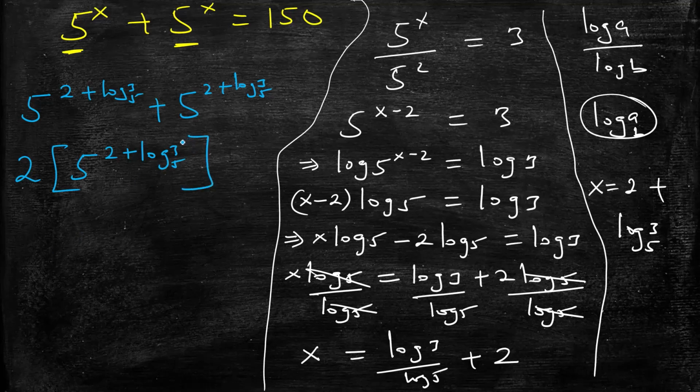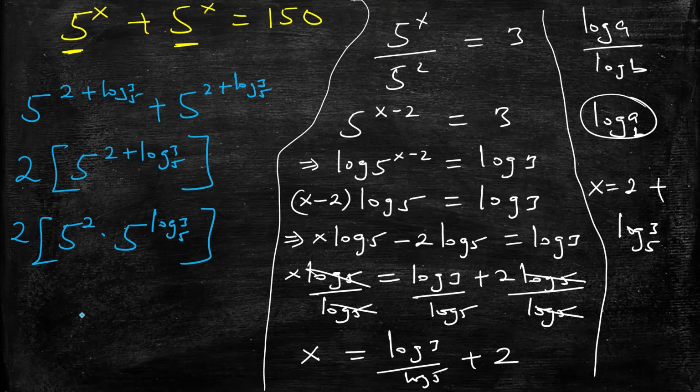Now this one, since we have the base as 5, we can go ahead and split it into 5 to the power 2 times 5 to the power log 3 to base 5.